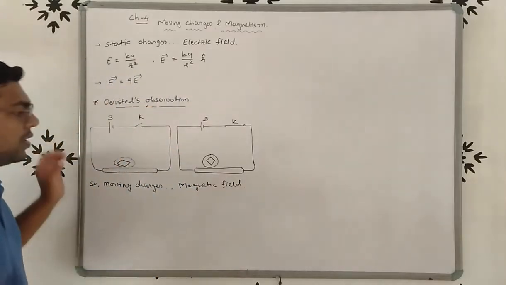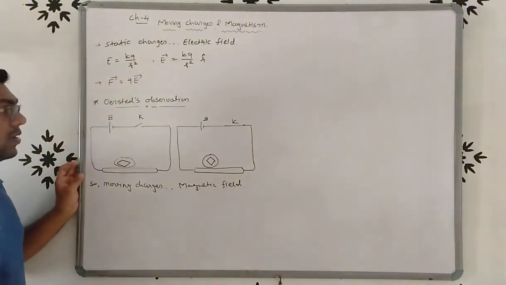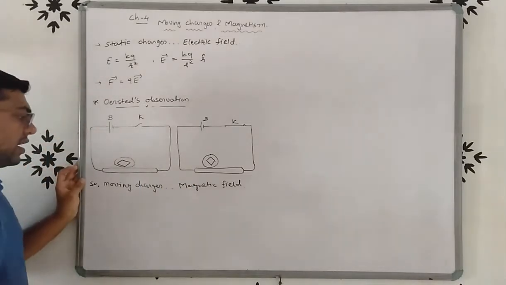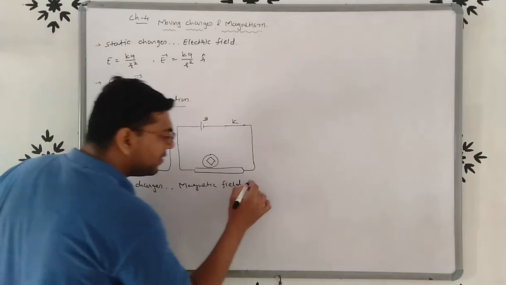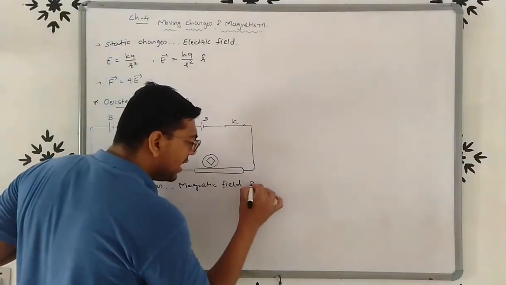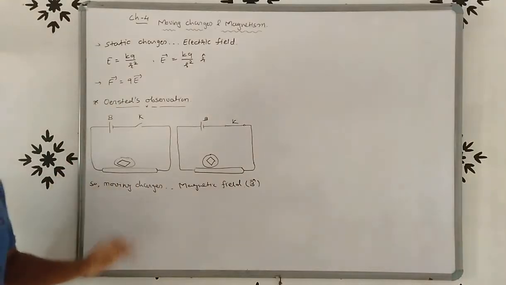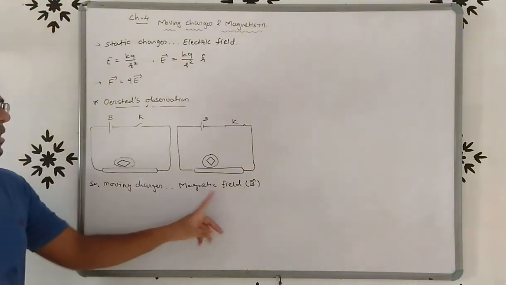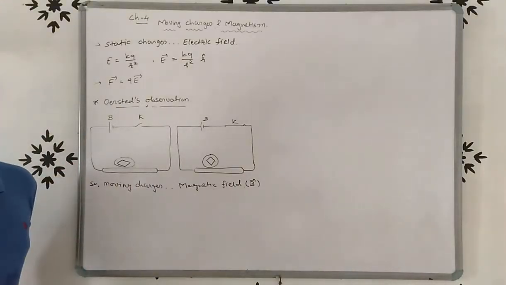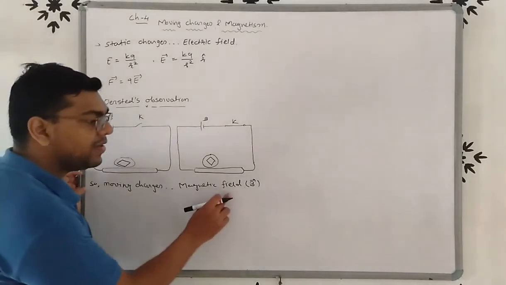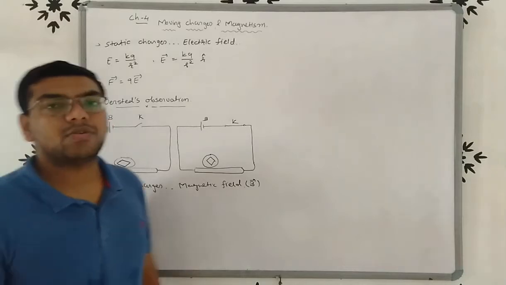Now we denoted the electric field by E. Now this magnetic field will be denoted by capital B, right? So the symbol of magnetic field is capital B, and this magnetic field is a vector quantity.